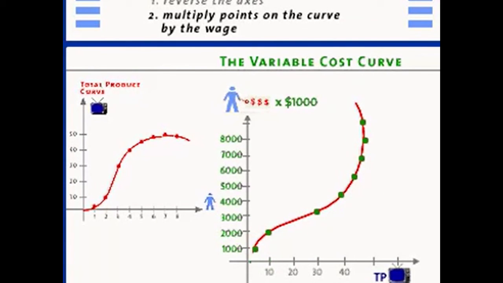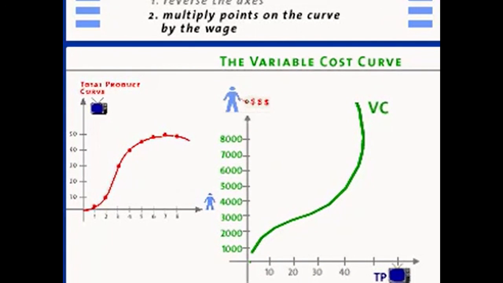And it looks like this. Notice this variable cost curve has the same shape as my inverted total product curve. It's just stretched upwards because I multiplied all of these numbers by the wage of $1,000.